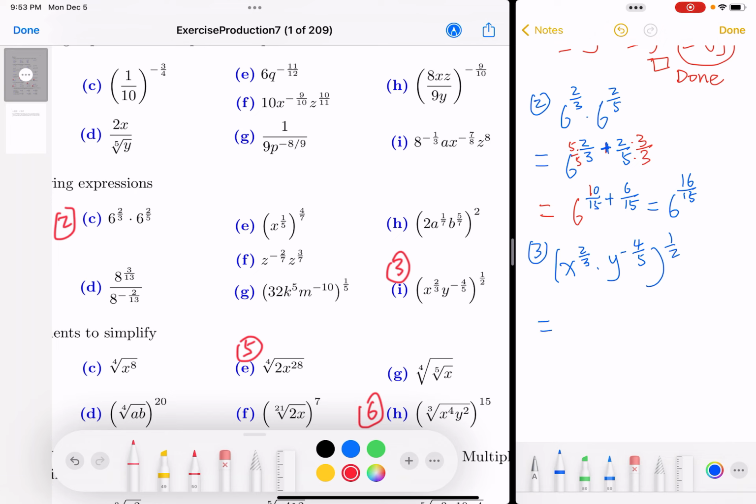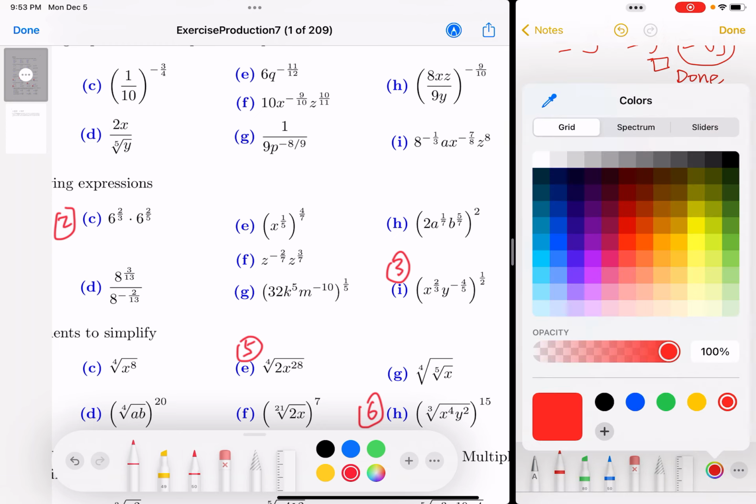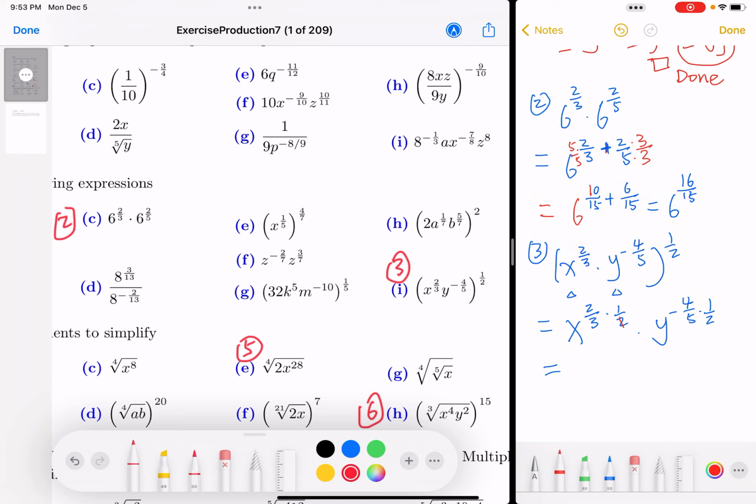Remember this 1/2 applies on both terms, so you should have x to the 2/3 times 1/2, and then y to the negative 4/5 times 1/2. And then you may do the cancellation here. So that's x to the 1/3.